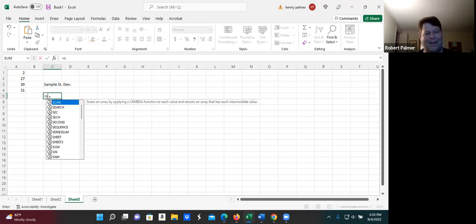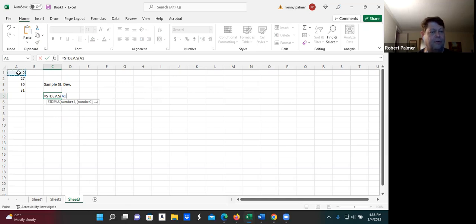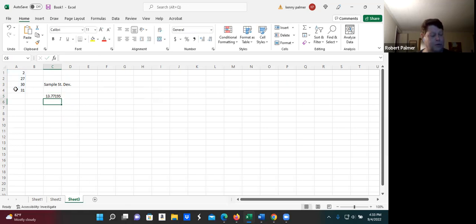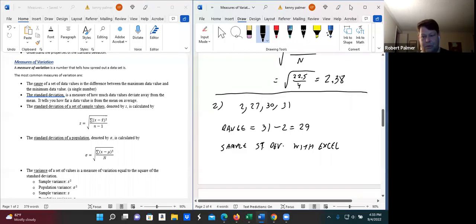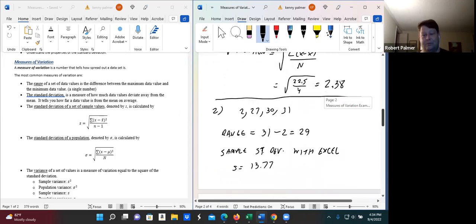Type in ST, make sure you pick the one for the sample, STDEV.S. The same way, click on your first value, drag to the bottom. As we see, we expect this to be larger. Let's see how much larger it is. It's quite a bit larger, about 13.77. That's a lot larger. So if we compare those, once again, we can see that the standard deviation is also sensitive to outliers.